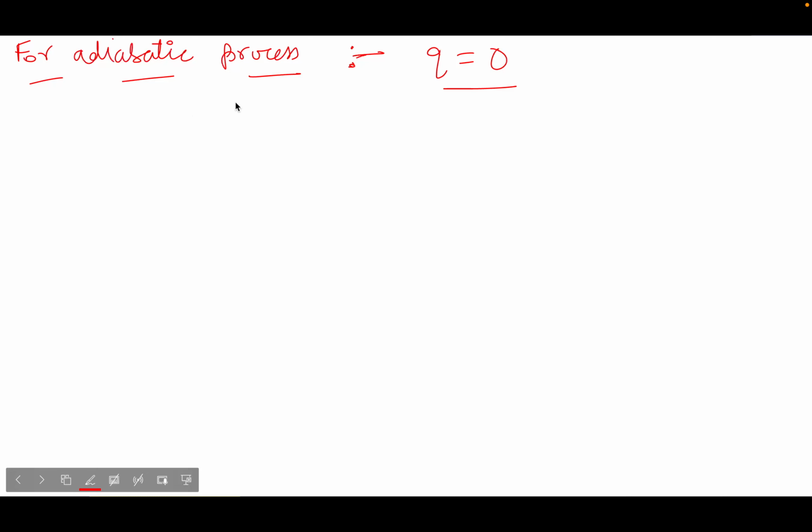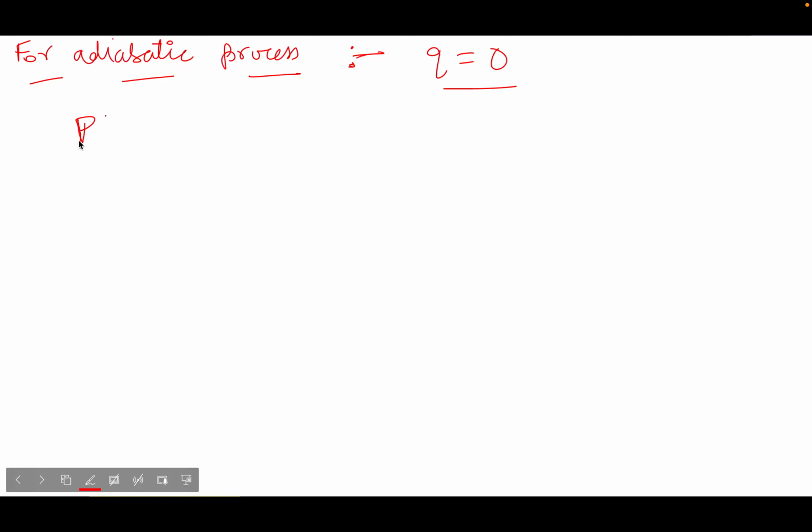So we know that for the isothermal process PV is equal to constant, that is P1 V1 is equal to P2 V2. But for the adiabatic process it is not the true relation.